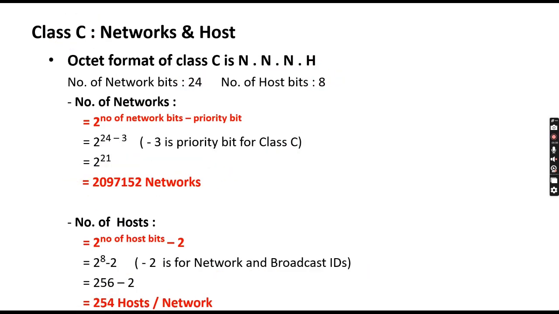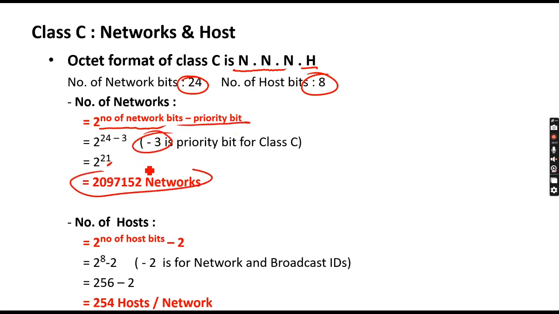Now, coming to the next, we have class C. Make sure in class C, again it's going to be the same octet format. So 2 power 24 and then 2 power 8 you will have to put up. See, 2 power 24 minus priority bits, which is 3, so it is 21. 2 power 21 is this.